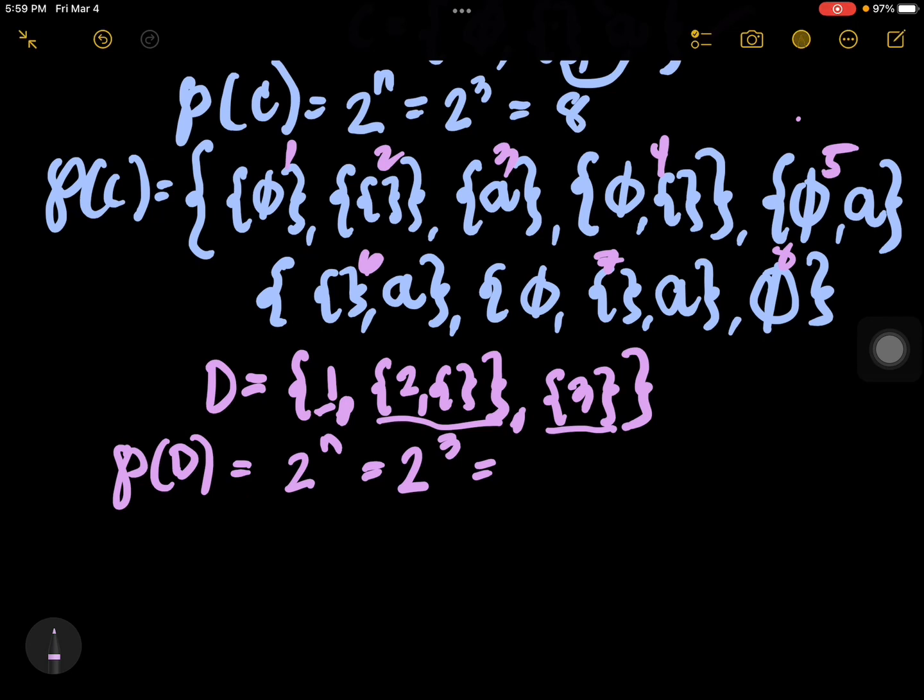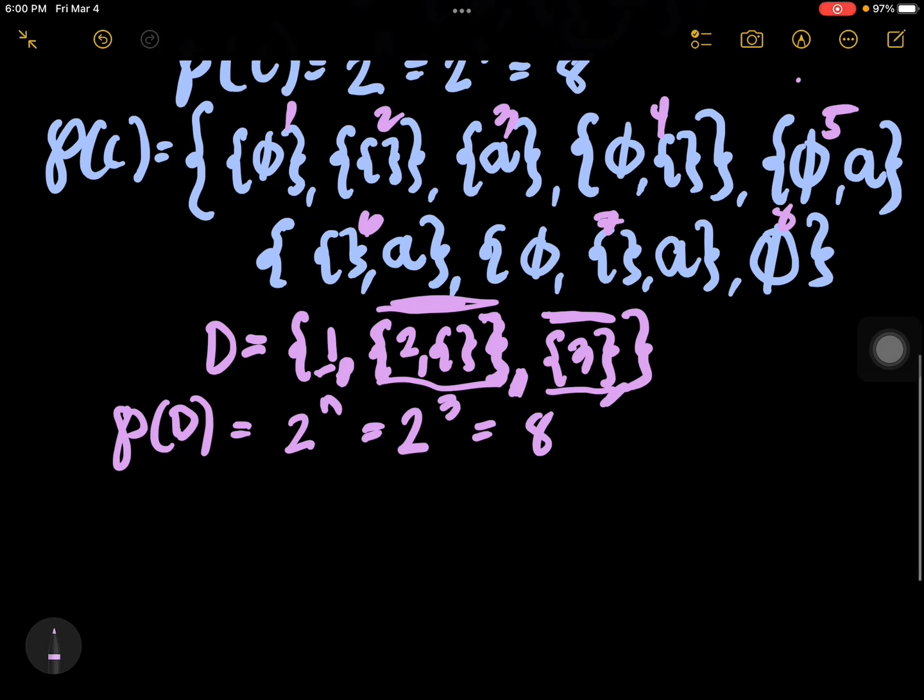Now, in this case, we have braces here. So this whole thing is equivalent to our second element, and it's separated again by comma. So this one is our third element. So we only have 3 elements in set D. So our answer here is still 8.